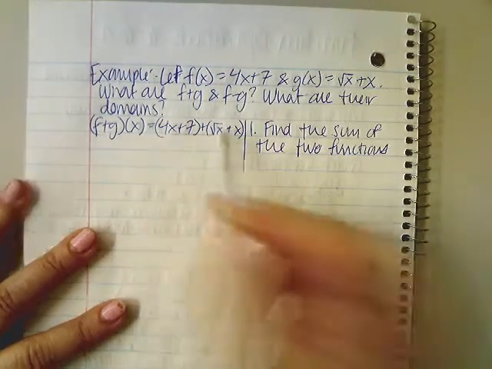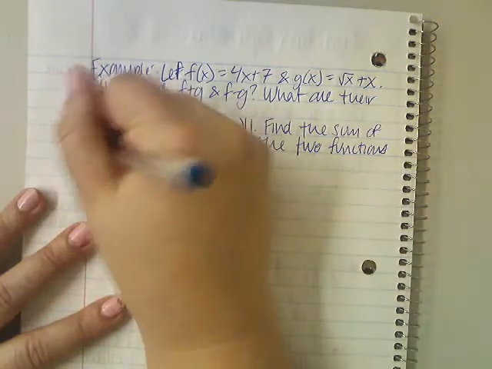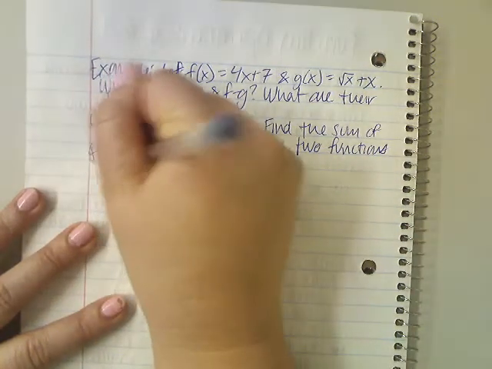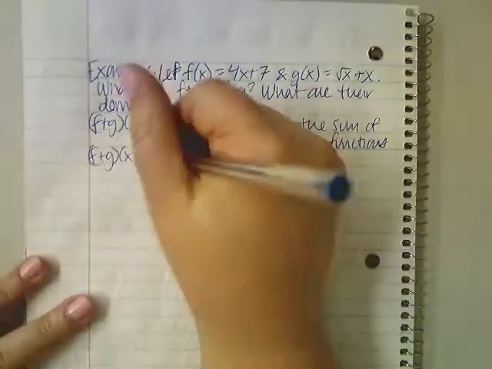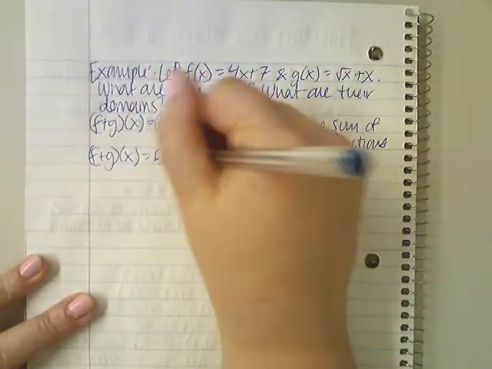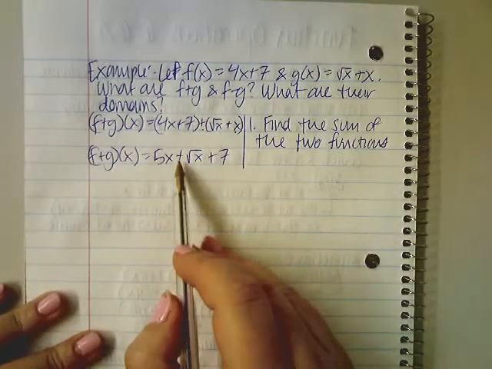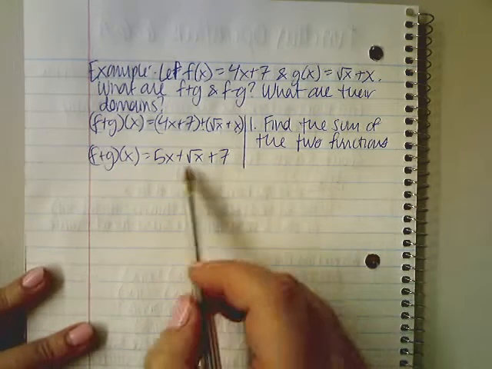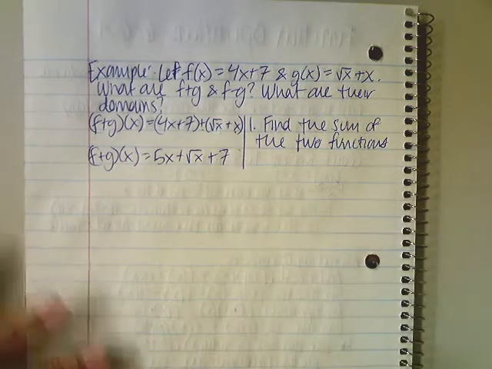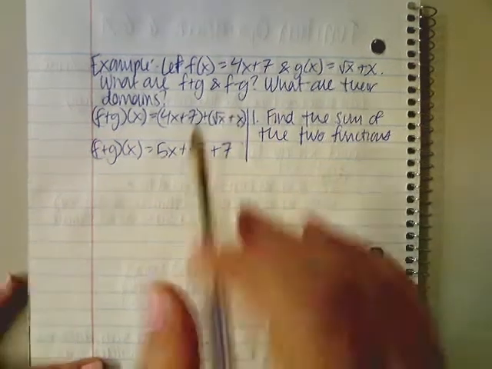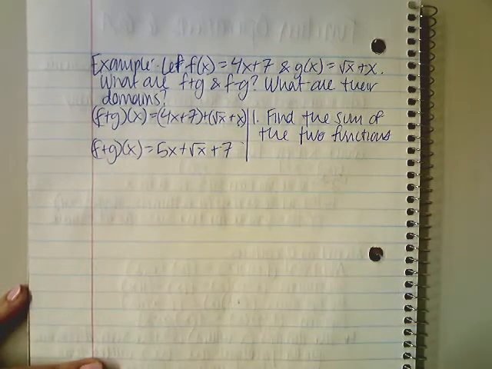And since I'm adding them, I don't actually need these parentheses, so all I need to do is combine my like terms. So I get f plus g of x equals, I have an x and an x here, so that becomes 5x. Then I have plus the square root of x plus 7. The ordering doesn't necessarily matter. If you wrote plus 7, then plus square root of x, that is equivalent. I choose to write x's first and then constants last, which is why the 7's on the end. But this would be our sum of those two functions.